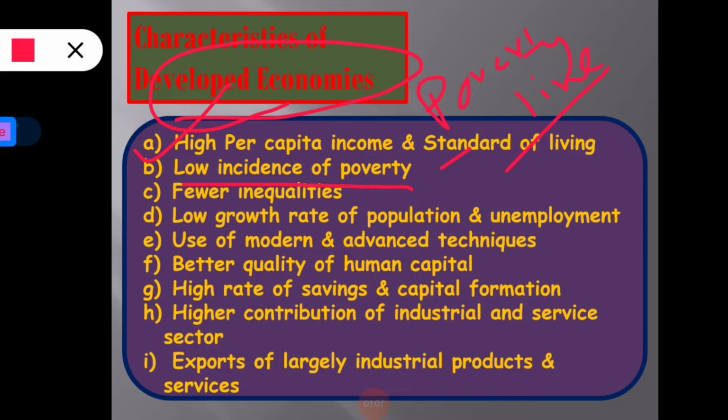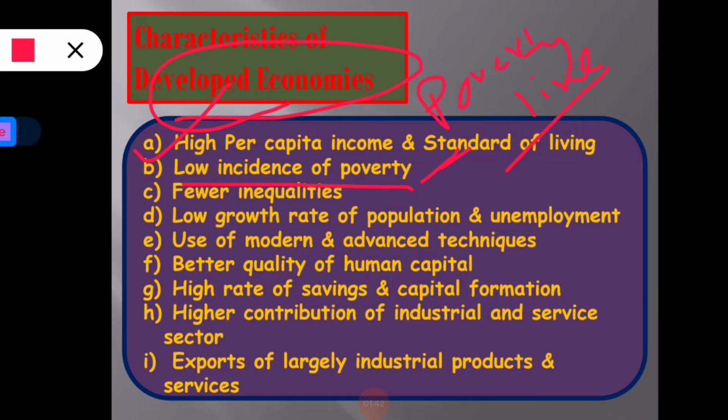The poverty line is the minimum amount of money a person needs to fulfill their basic necessities of life like shelter, food, etc. When people are below the poverty line, they qualify for help from the government. But in these developed economies, there is absence or minimum presence of government help because all people live above the poverty line, so that's why it leads to low incidence of poverty.